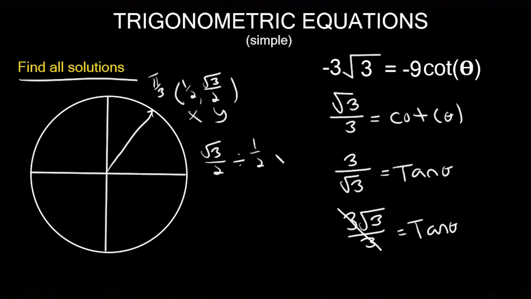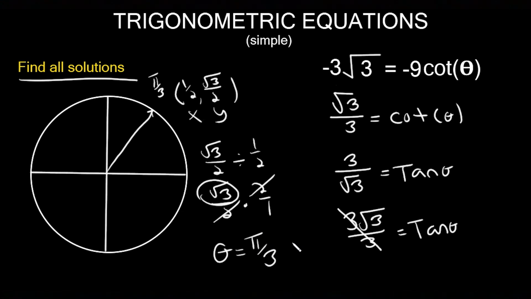Well, think about keep, change, flip. I'm going to keep the first fraction, change it to multiplication, and then flip. You're left with the square root of 3 all over 2 multiplied by 2 over 1. The 2's will cancel. Well, there it is. We get the square root of 3, right? Matching up with what we have here. So one of our angular values is going to be pi over 3. So theta is equal to pi over 3.